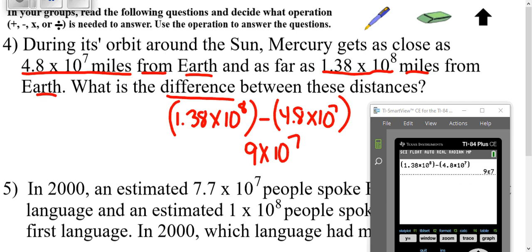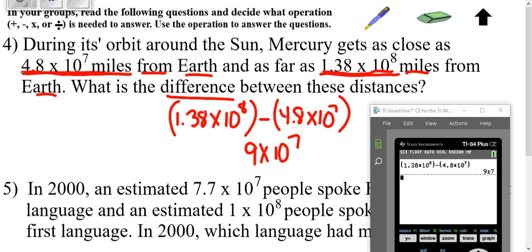All right, so during its orbit around the sun, Mercury, blah, blah, blah. What is the difference? We knew that was subtraction. The one thing I did want to mention here: since you're taking the difference of these two numbers, this number here is actually greater than this number.